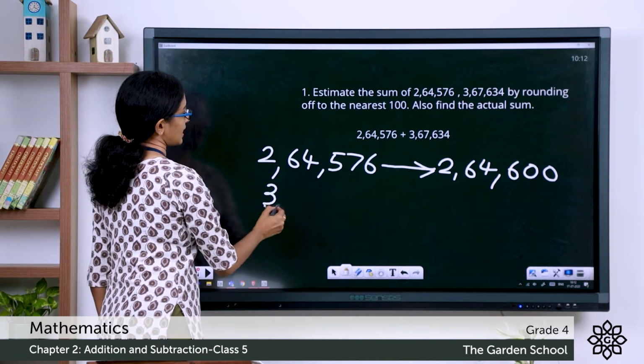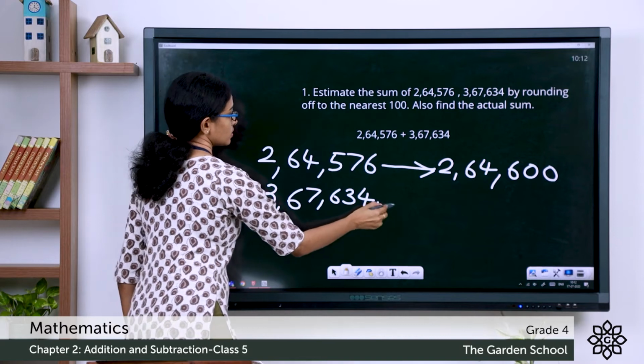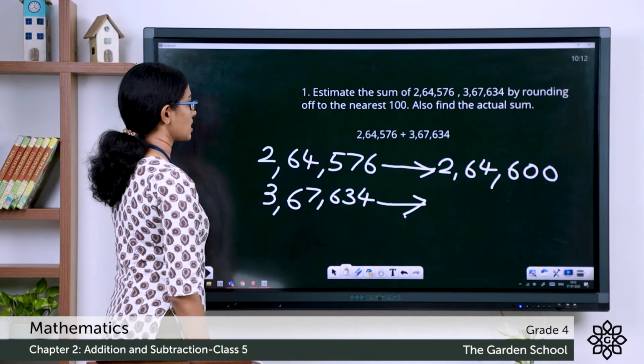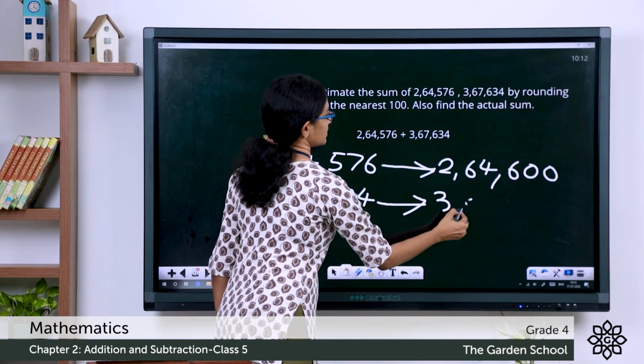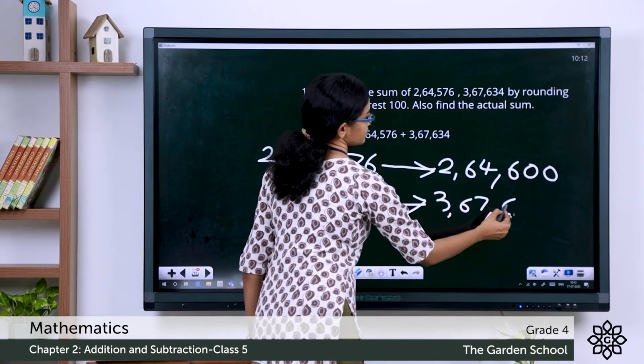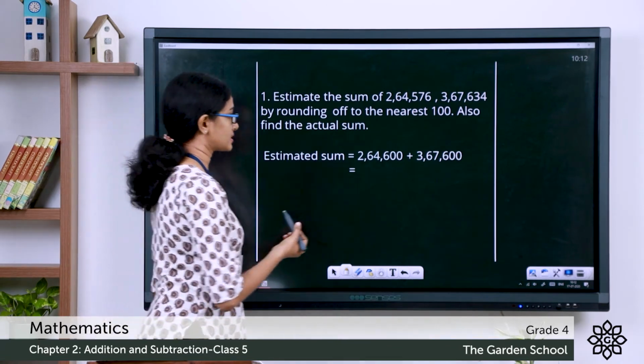What about the next addend? 3,67,634 rounded off to the nearest hundred gives you 3,67,600.